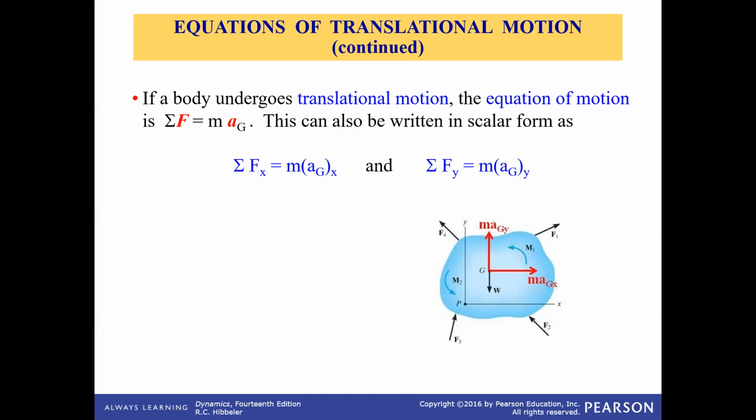The scalar form is: the x component of net force equals mass times the x acceleration of the center of mass, and the y component of force equals mass times the y component of the acceleration of the center of mass. The net force equal to m a_G is the vector form, which can be resolved into x and y components.